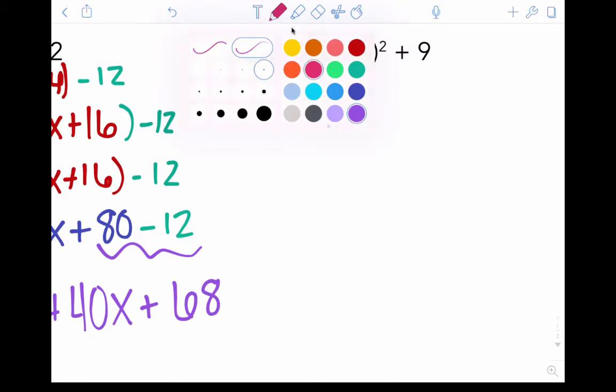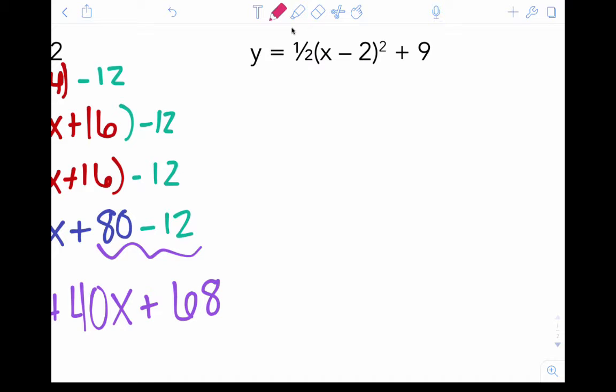All right, so this next one, y equals 1/2 times the quantity x minus 2 squared plus 9. I need to double distribute, so I'm going to write my multiplication out. X minus 2 times x minus 2 becomes x squared minus 2x plus 4.